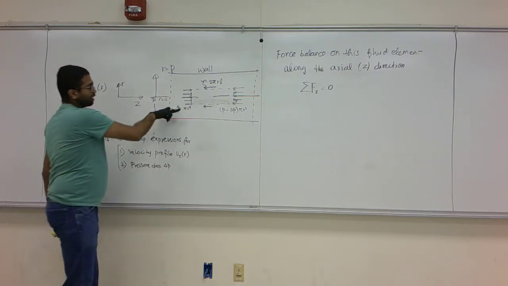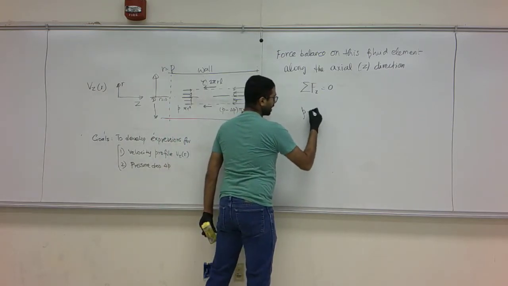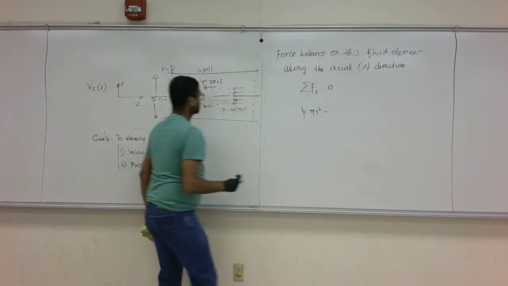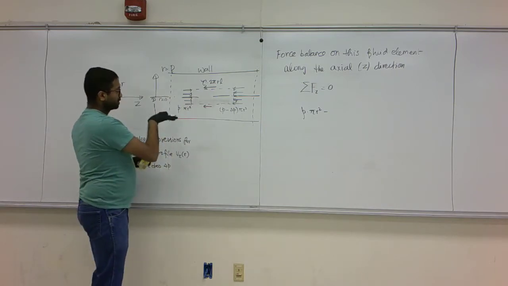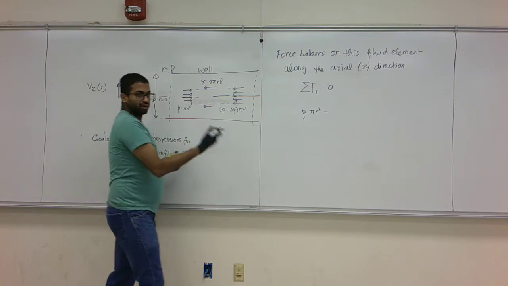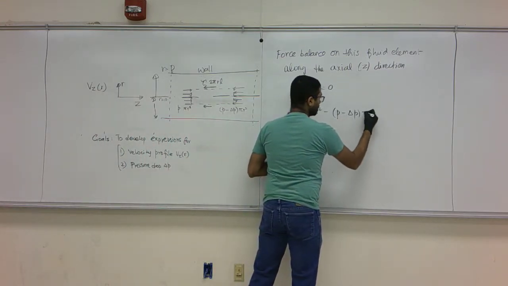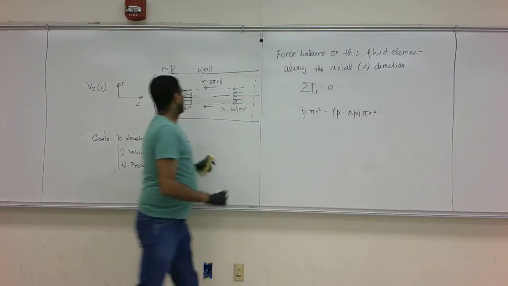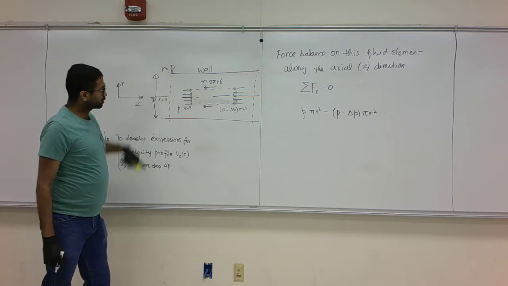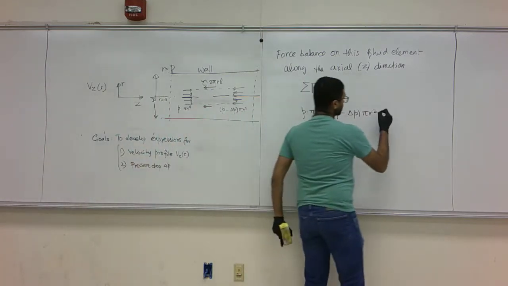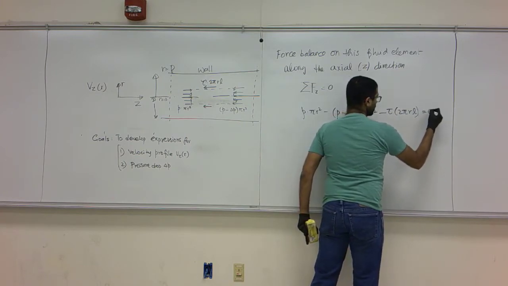Along the z direction, from left to right, if I consider that to be positive, I have P times pi r squared, minus the force on the other face, which is pointing to the left. Whatever is pointing to the right is considered positive. So I have P minus delta P times pi r squared. And remember, it's not a rectangle, it's a cylinder. The shear stress is also acting to the left, so minus tau times 2 pi RL equals 0.